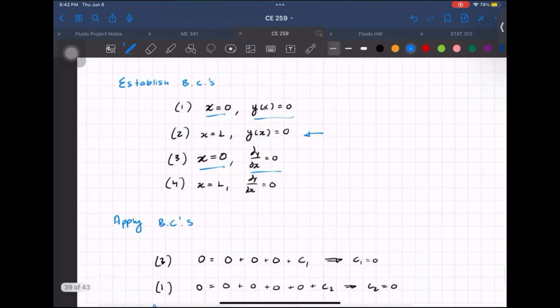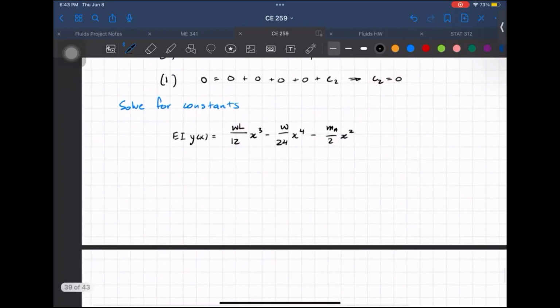So if we plug in what we already know, that is y of x equals 0 at x equals L, we'll get the following. W over 24, L over 4 minus M A over 2, L squared. Okay.